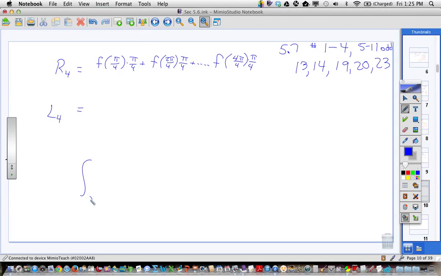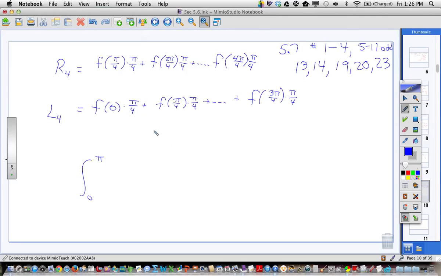Remember, the integral went from 0 to pi. F of 0 times pi fourths plus f of pi fourths times pi fourths plus dot, dot, dot. And the last one, 3 pi fourths. Correct? Okay?